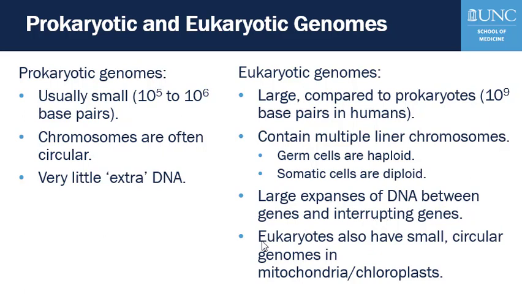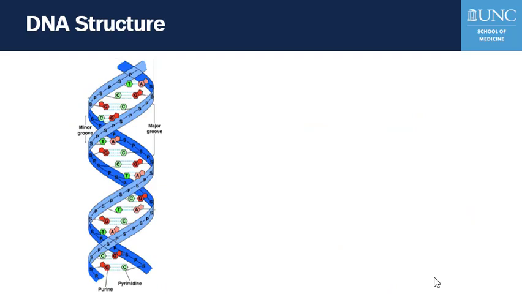And finally, eukaryotes also have small, circular, prokaryotic-like chromosomes with different sets of genes in organelles like mitochondria and chloroplasts. And we said the entire genome had to be duplicated at every cell division throughout development of the organism.